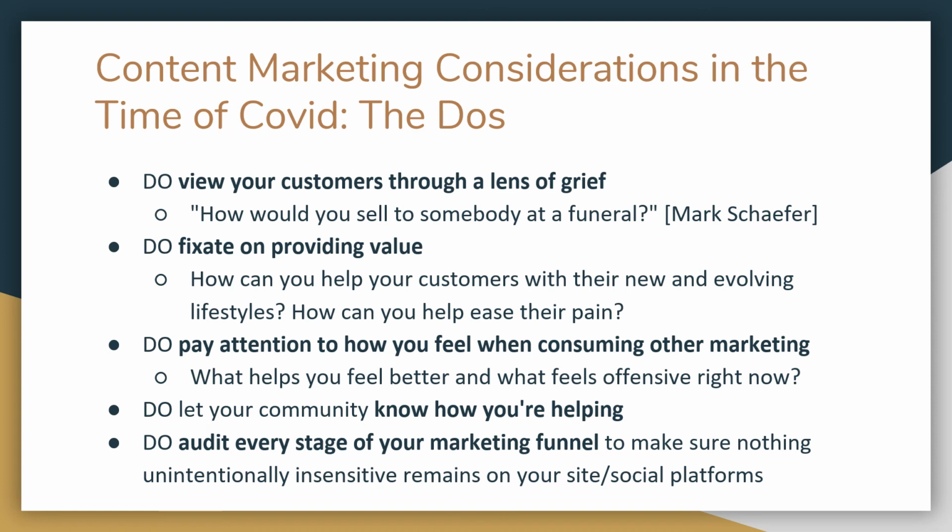How can you help ease their pain? A lot of brands are making new products or pivoting their products or services in order to meet their customers where they are now. For example, a lot of apparel companies are now making masks because that's a way that they can meet their customers' new and evolving needs and provide value in the landscape that their customers currently find themselves in.